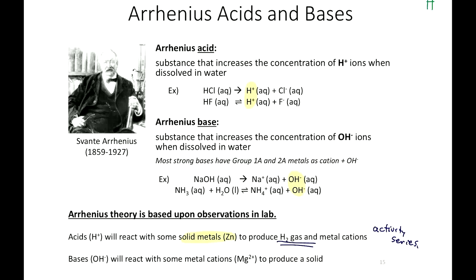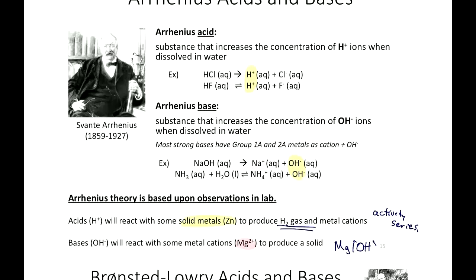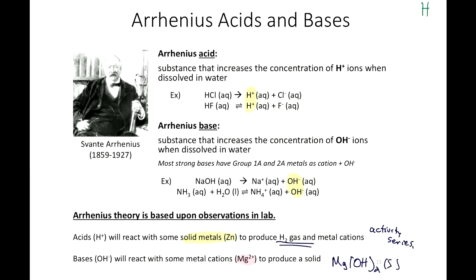Versus if you had a mystery substance with a base, hydroxide, present, and he mixed it with magnesium 2+, he saw a solid form. That's because magnesium hydroxide is a solid. It's insoluble in water. So the presence of that hydroxide he would be able to observe when adding magnesium to it.